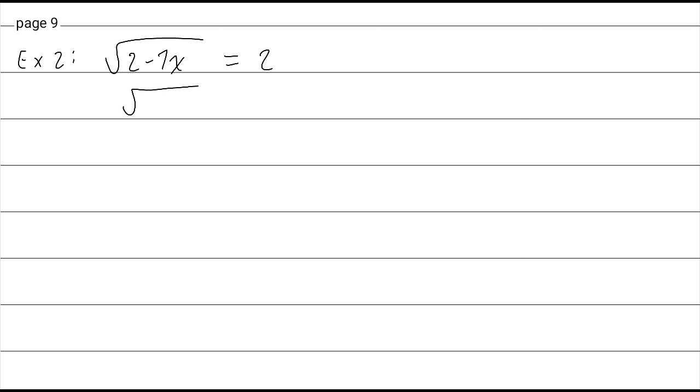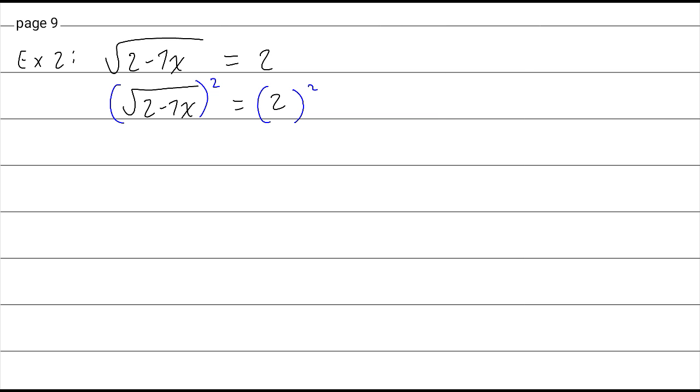All right, let's do another one. Square root of 2 minus 7x equals 2. Same idea: I want to do the opposite of square root, which is to square both sides. So I will raise both sides to the second power.